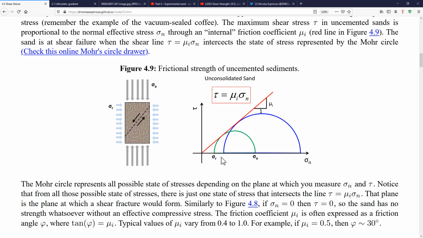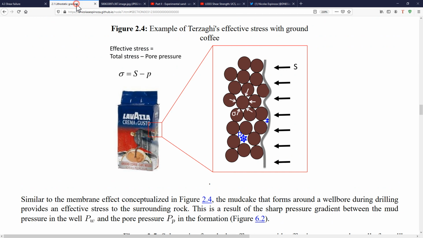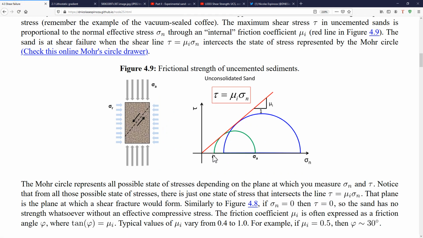Again, this is the reason why when I have an atmospheric pressure applied on a granular material, then the granular material is going to be quite strong, and is going to resist any stress in another direction which is higher than that atmospheric pressure, and it's going to depend on the friction coefficient.